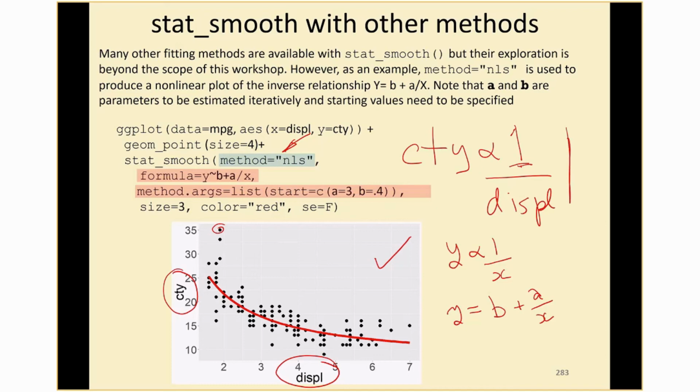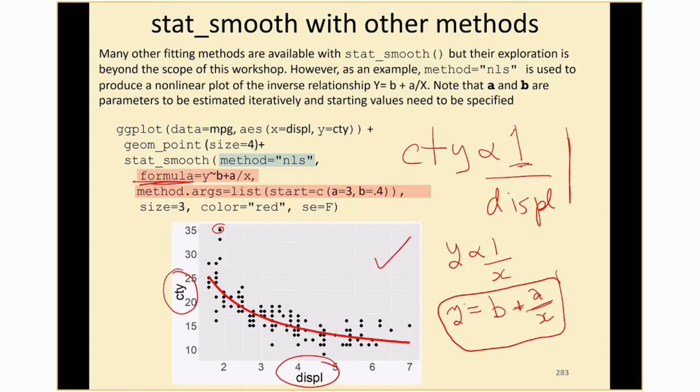And I would emphasize that the ability to do nonlinear regression really makes R stand out relative to, let's say, Excel. So, specify the method, and then I also have to specify the formula. So how do I specify the formula? It's based on this assumed relationship here, that y is equal to some constant b plus some constant a divided by x.